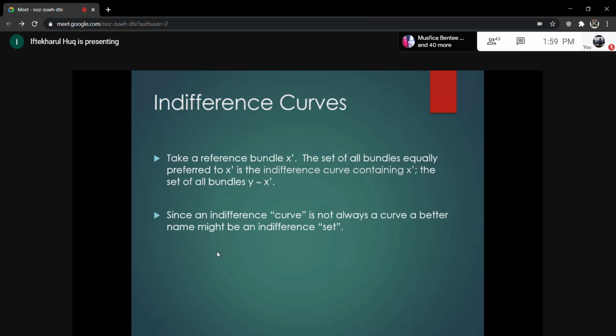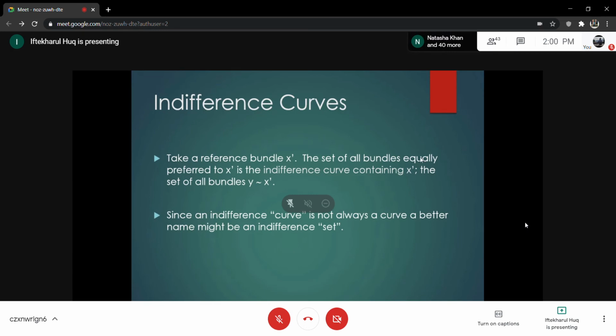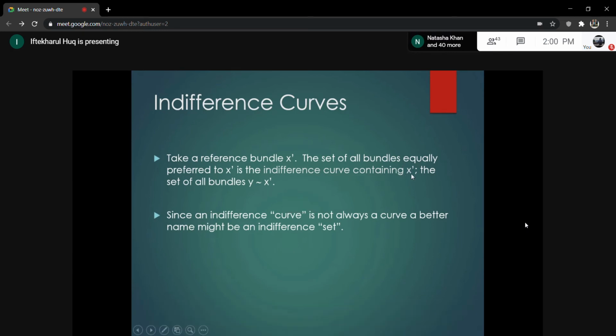Okay, so now let's go through it. Take a reference bundle x prime. The set of all bundles equally preferred to x prime is the indifference curve containing x prime. First you take a reference bundle, let's say it is x prime, and then I try to identify all the other bundles which will give me exactly the same level of satisfaction as x prime.